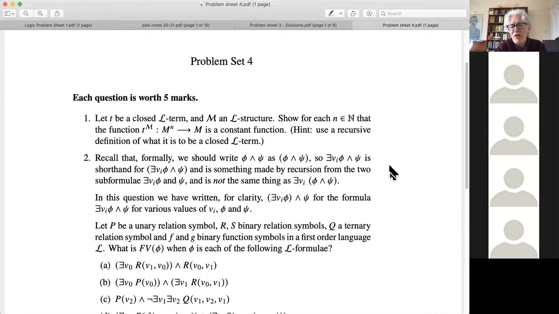So actually the answer is it's rather hard to turn that into a question, which is just in my notation.